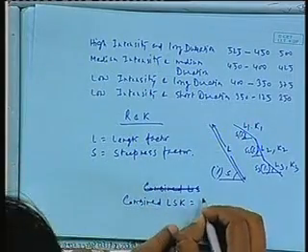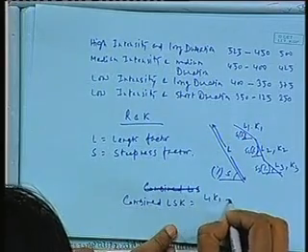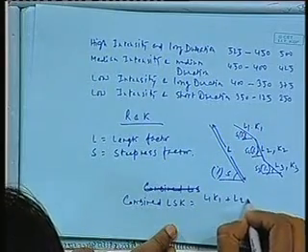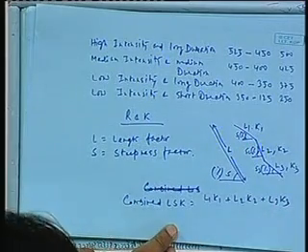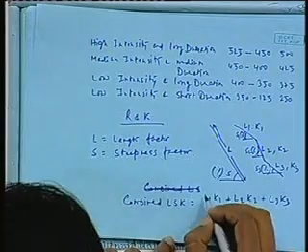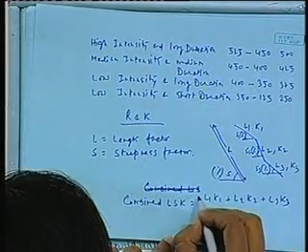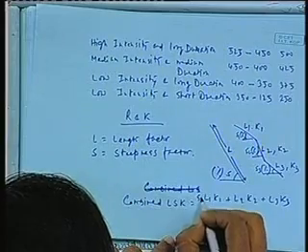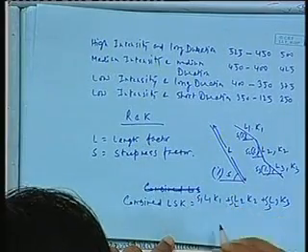LSK as L1 K1 plus L2 K2 plus L3 K3, and this is LSK. I put the S1, S2, S3 here.